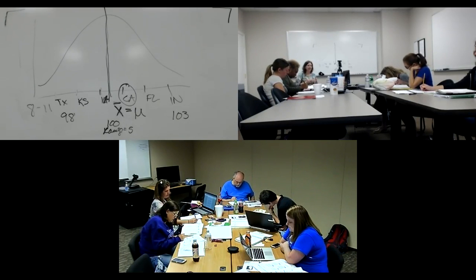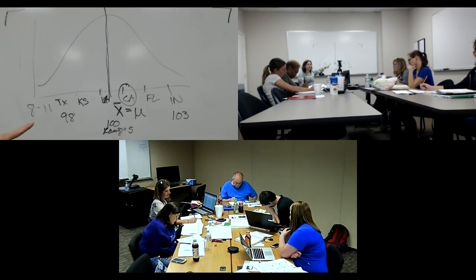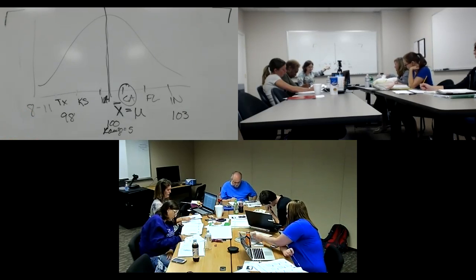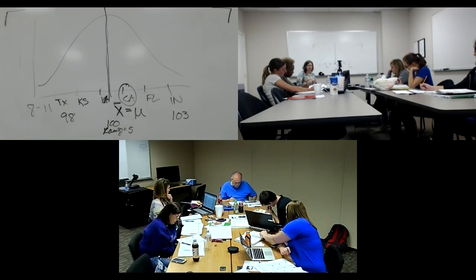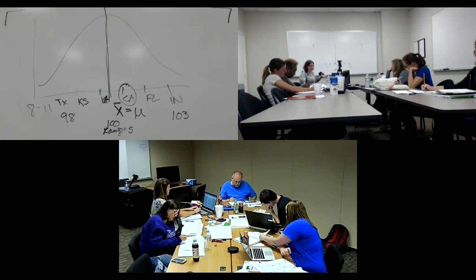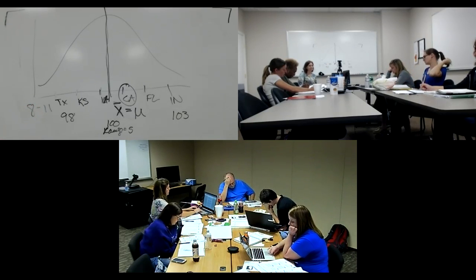So it represents the standard deviation of the sampling distribution that we've got up on the board. It's the average amount that the sample means, which is what we've got along the x-axis, deviate from the mean of the sampling distribution.